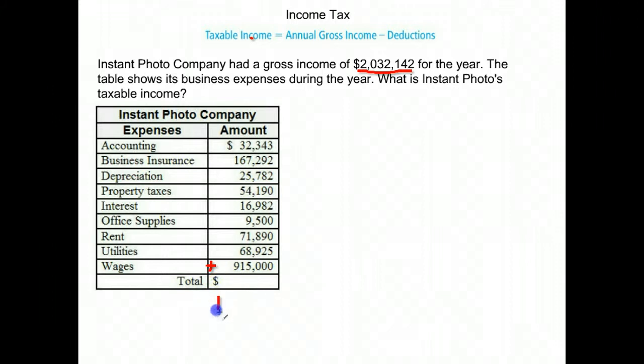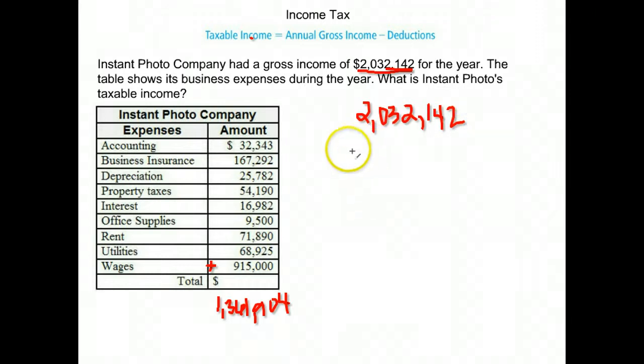Okay, what do we get? We get $1,361,904. That's their total expenses. Those are things that can be deducted from their gross income. So we take the gross income, which they gave us here, $2,032,142, minus our total things we can deduct, which again was $1,361,904.